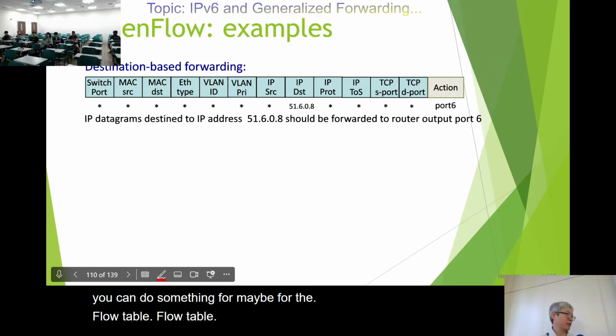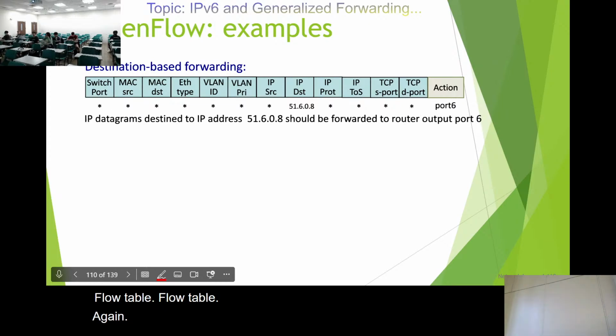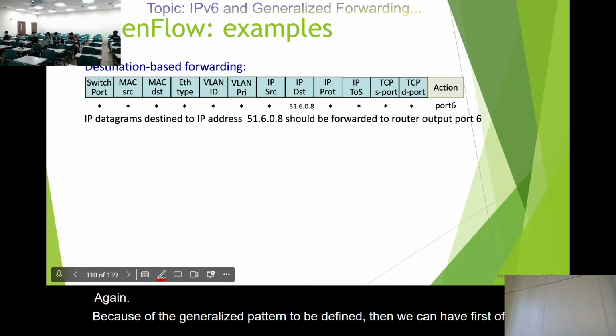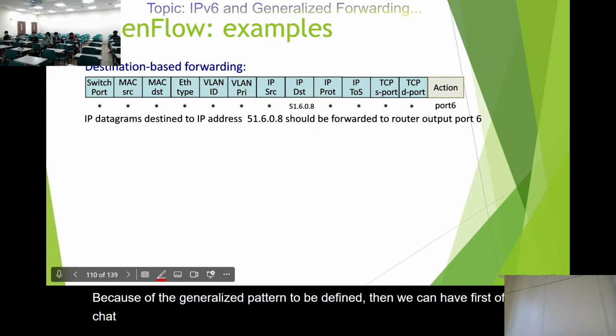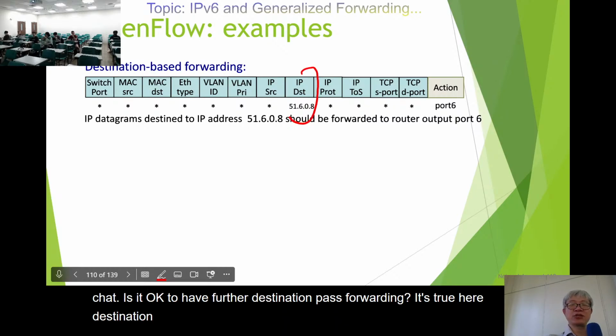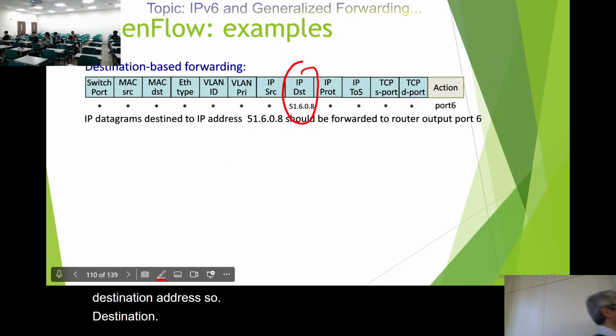Well, again, because of the generalized pattern to be defined, we can first check: is it okay to have destination-based forwarding? It's true. Here, the destination address. And in fact, we already have the previous information.